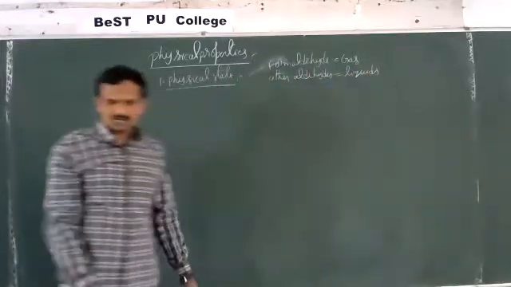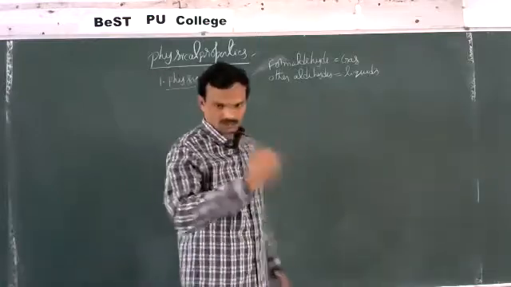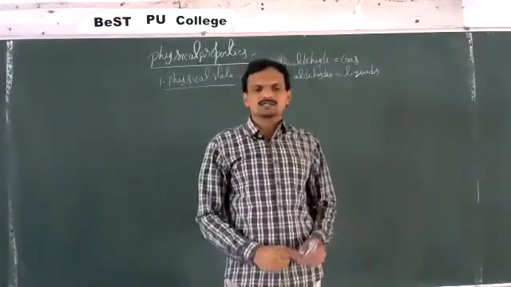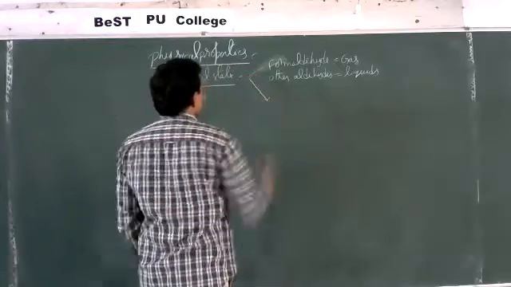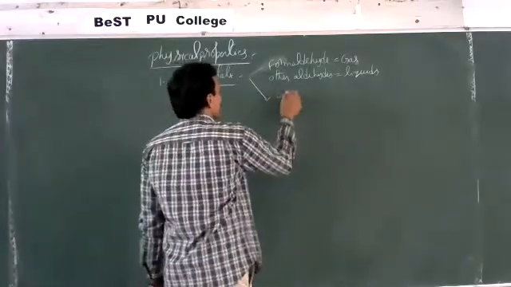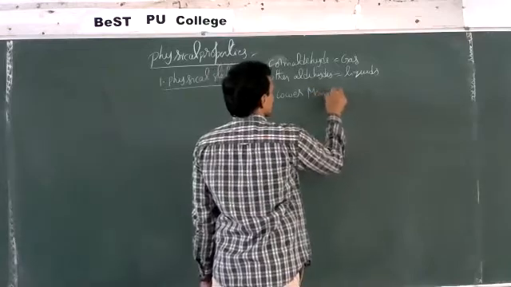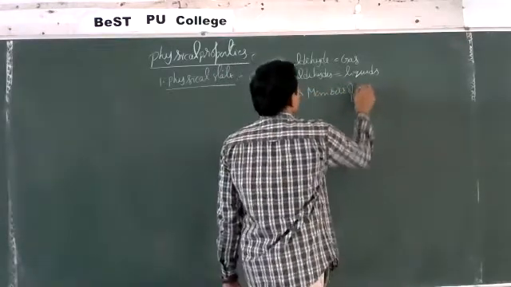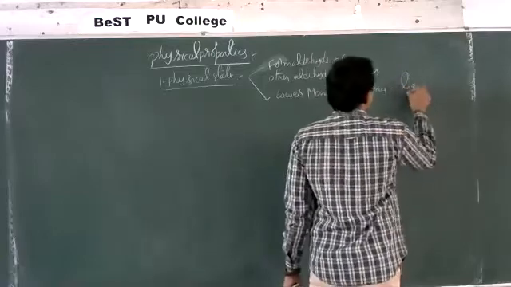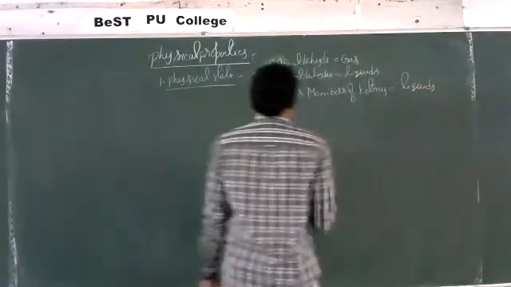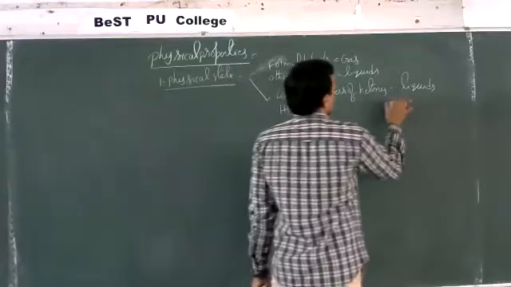So among aldehydes, formaldehyde exists as a gas, even it can be condensed to liquid, whereas other aldehydes exist as liquids. Now, in ketones, lower members of ketones are liquids, whereas the higher members of ketones are solids.